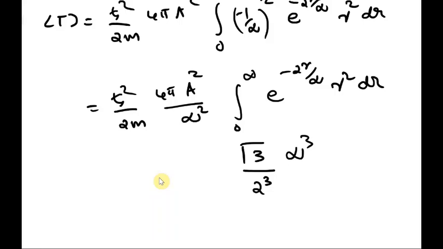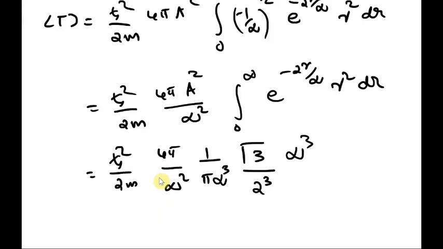So this is nothing but 4 pi a square. I know this is 4 pi alpha square. A square I am substituting as 1 by pi alpha cube, and h cross square by 2m. So this is the final expression. You have a lot of cancellation here. Alpha cube cancels, 2 cube cancels with this 4, and pi cancels.